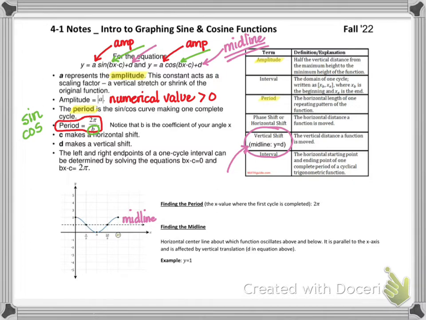It will always be a horizontal line. Notice it crosses the y-axis. So this is my y-axis. It crosses the y-axis at the value of 1. So when you guys give me a midline equation, notice down here the answer is y equals 1. It will always be a horizontal line.